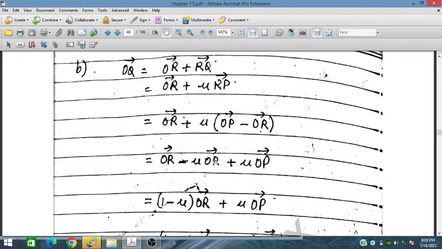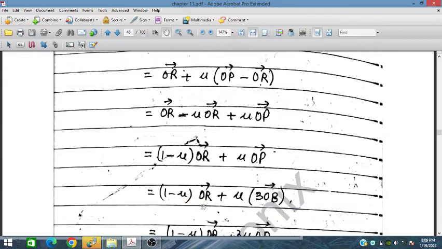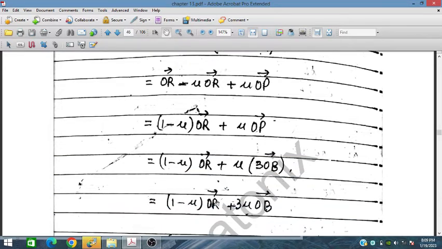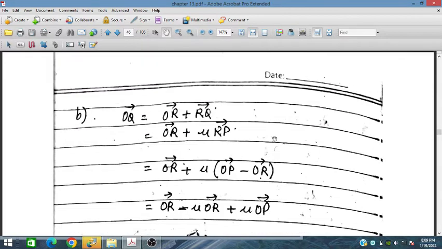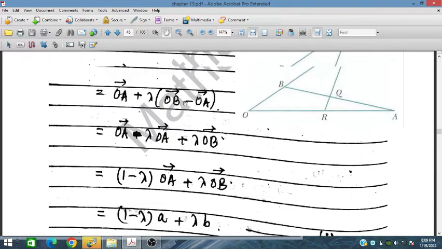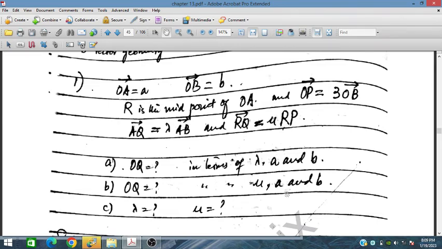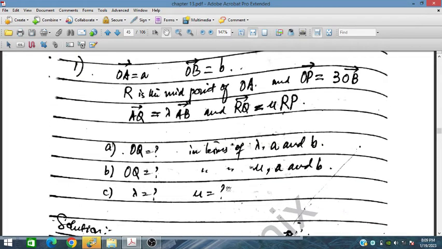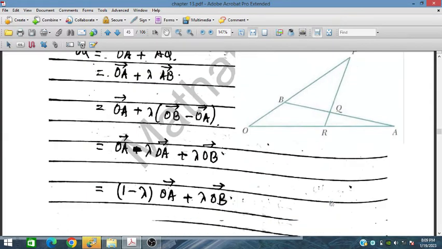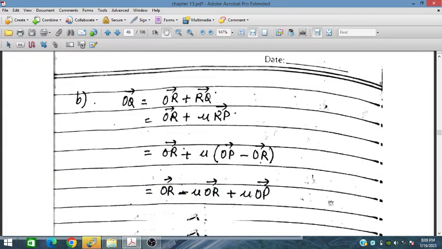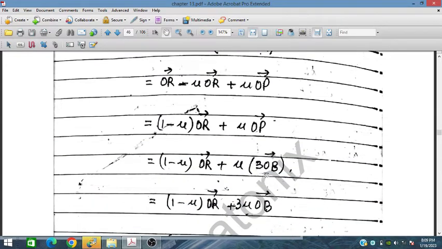OR is taken common here, 1 minus mu times OR, plus mu times OP. This OP is 3 times OB, as given in the picture. So this becomes 3 mu OB, and OB is basically small b.